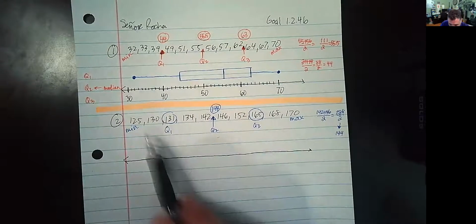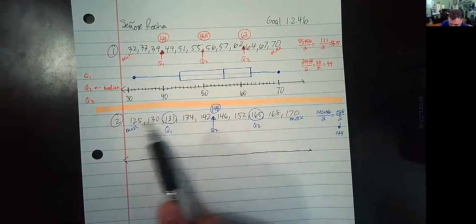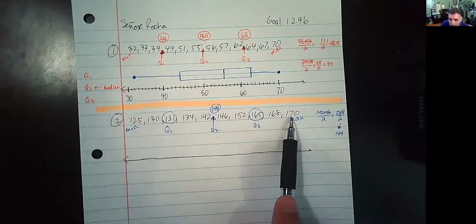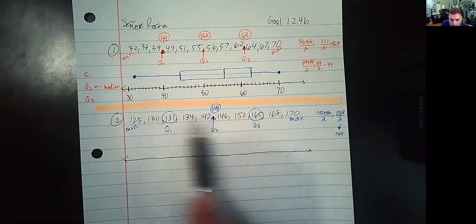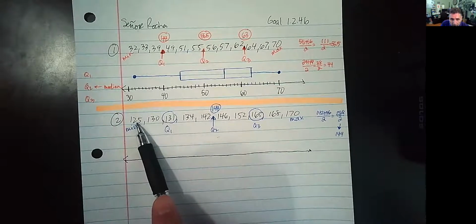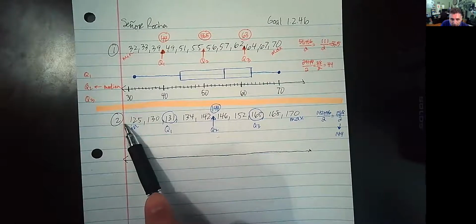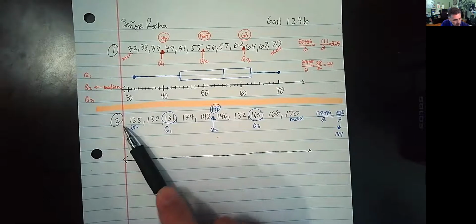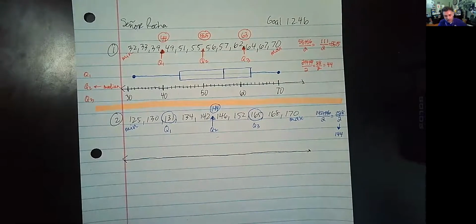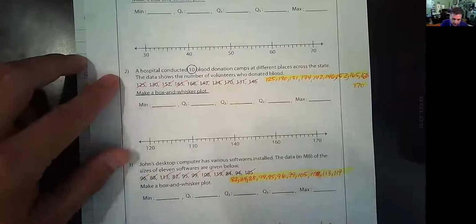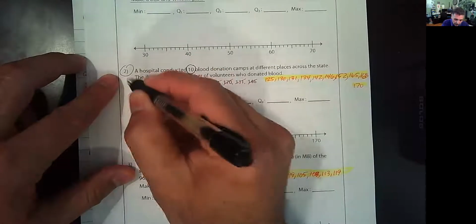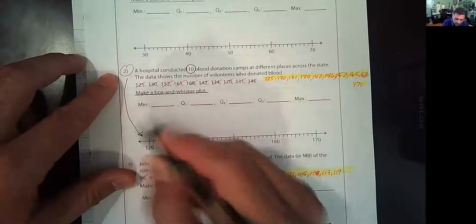Okay. Then we can look up here to figure out what the numbers should be. I know it needs to go all the way to at least 170. And it should go down, I would say, to 120, which would be the next 10 below this one. Or even better, let's look at our paper. Here's number 2, and look at the number line.